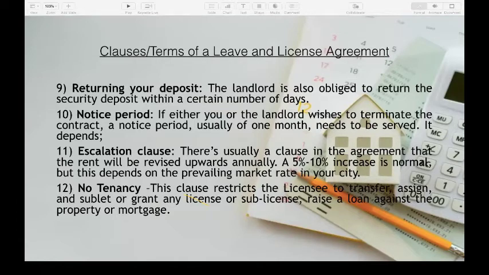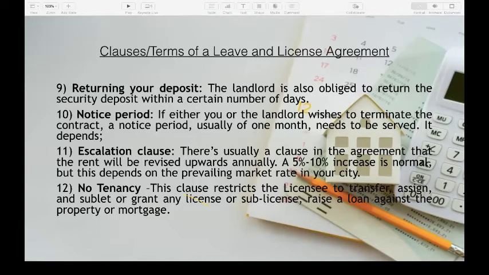So the licensor should not incur any loss just because the agreement is drafted. Annually, there is usually a 5%, 10% increase in the normal leave and license, but again it depends upon the prevailing market rate or the understanding of the parties.